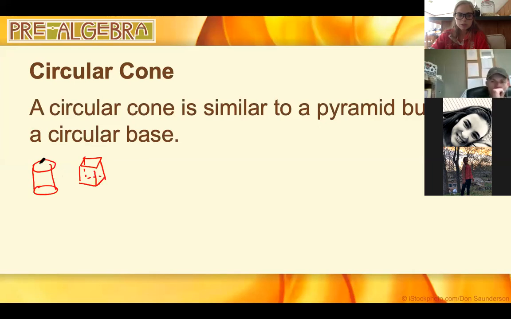The only difference was the bases were circles for a cylinder and the bases were a polygonal shape for a prism. So this was a cylinder and this is a prism. It's very similar to that with a cone and a pyramid.